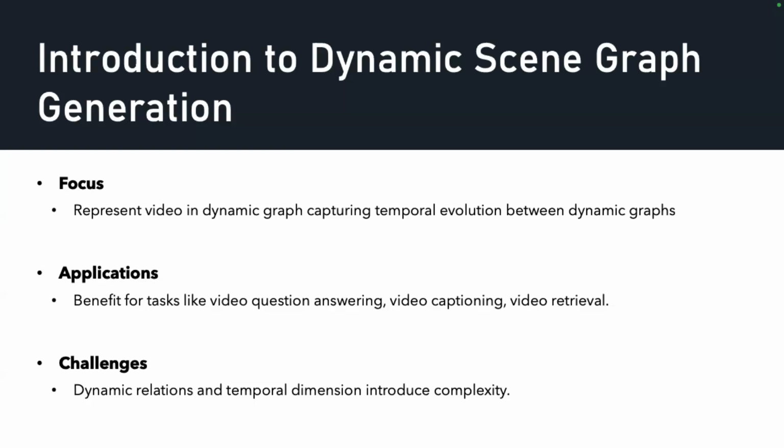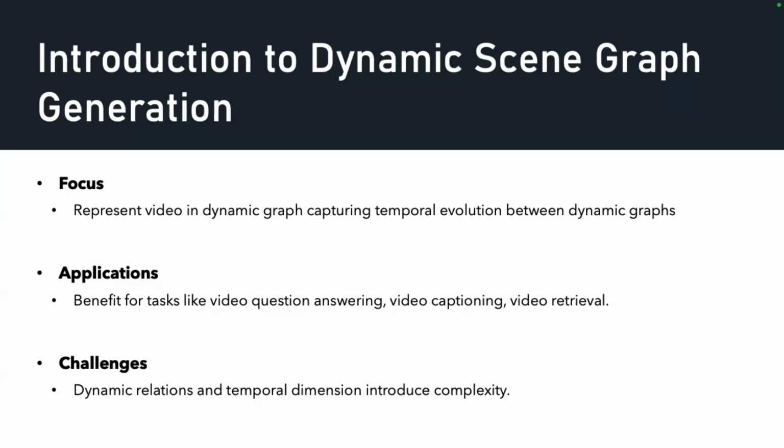If object one and object two have a relation in frame one, and then after frame n, object one and object two are no longer related, and there's an object two and object three which is related along with some other objects as well. So we want to learn this temporal evolution between the graphs, which is dynamic across the frames.